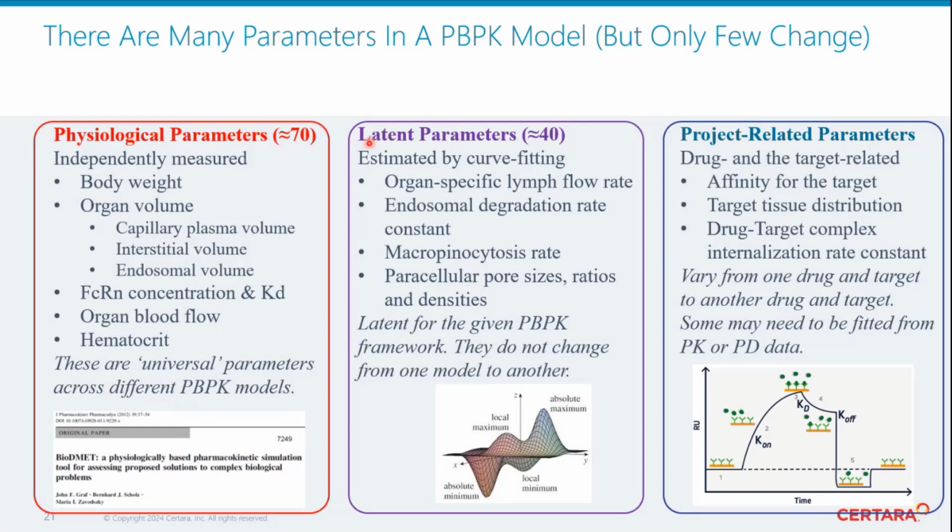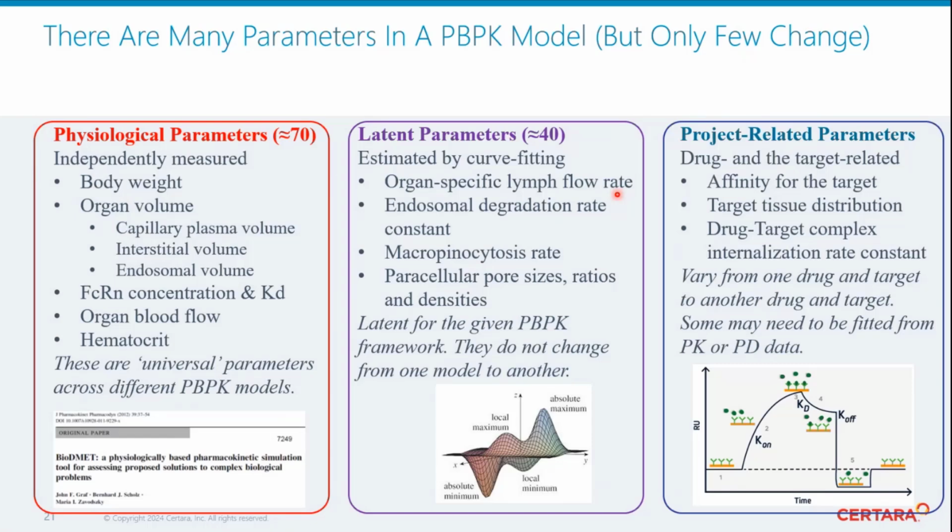Then the second group of parameters are a bit less solid, if you like. These are latent parameters. Most typically, in the case of biologics, could be, for example, organ-specific lymph flow rates. We can't measure them directly. These are estimated from experimental data.